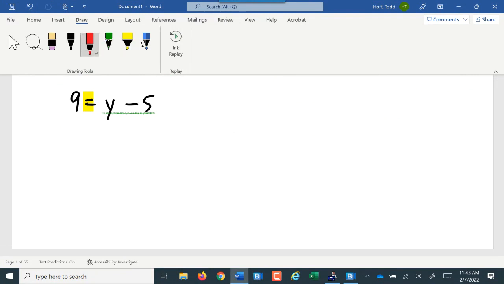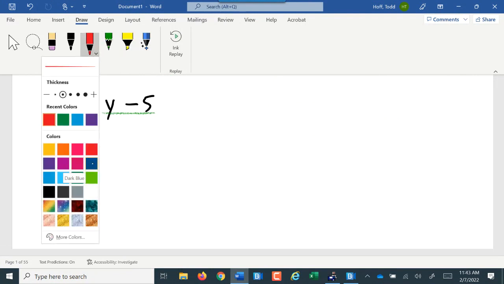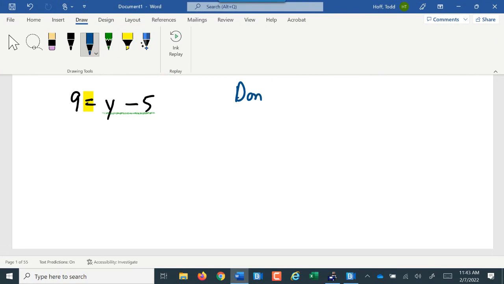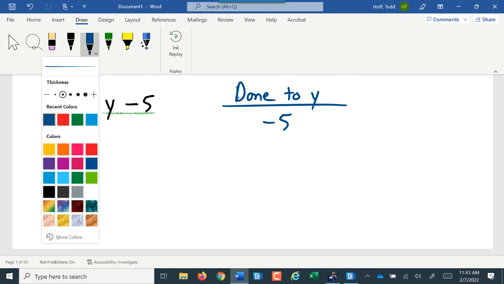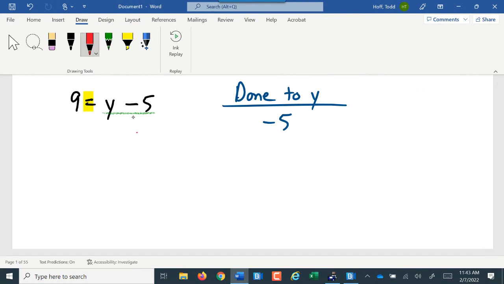So when we look at how this equation was built, what was done to the variable, in this case, what was done to y, was 5 was subtracted from it. So we know that to solve it, to take it apart, we do the opposite of subtracting 5, which is adding 5. Again, we're adding, so we only have to do it to one digit on each side. So we move the negative 5 over there. But we do have to add 5 to the left side as well to keep it balanced.